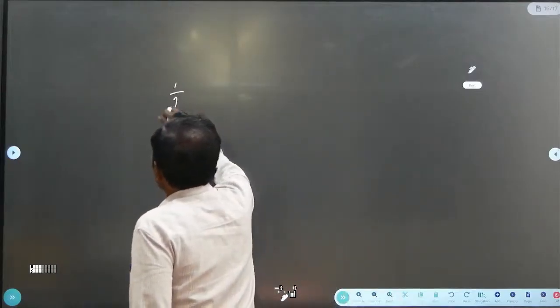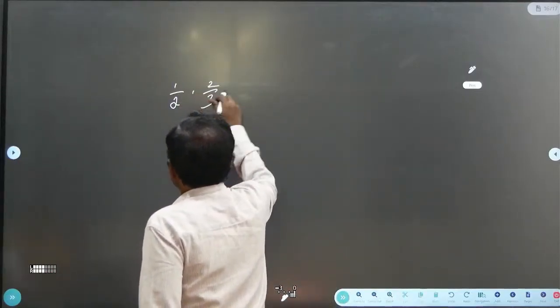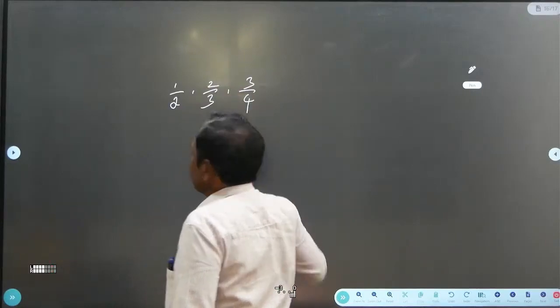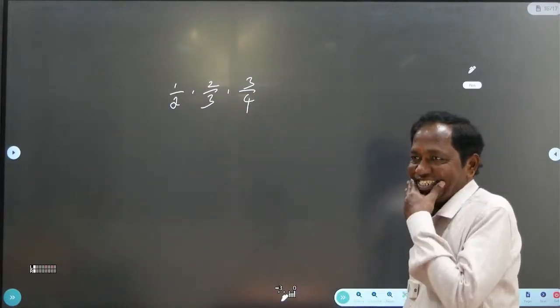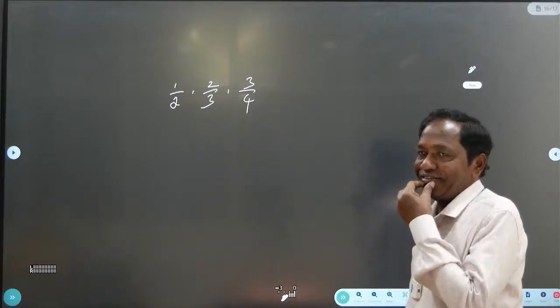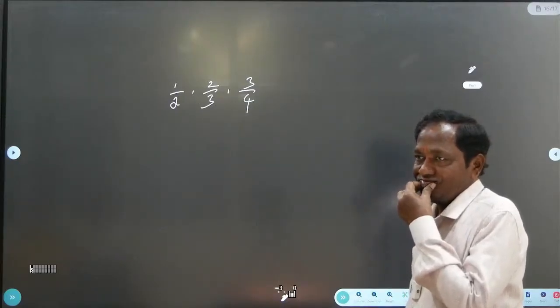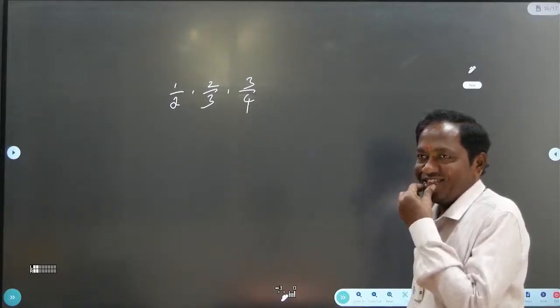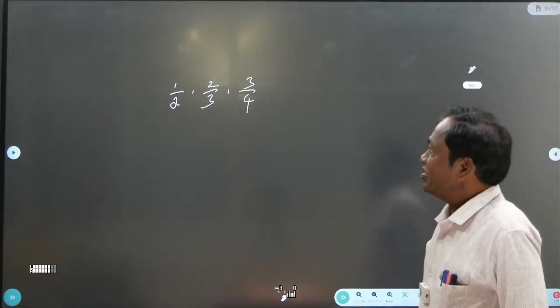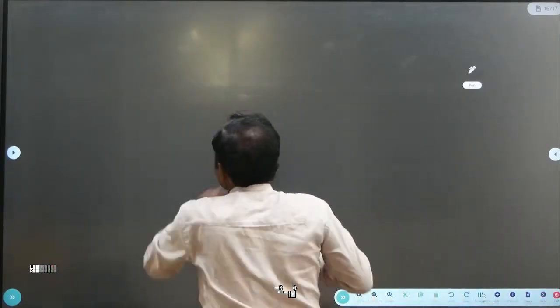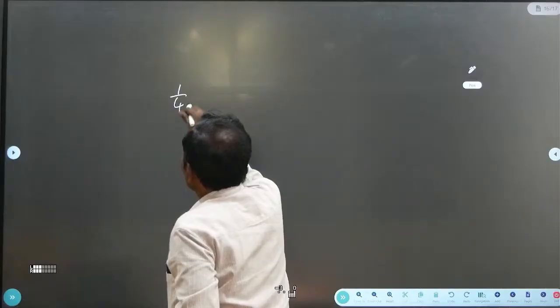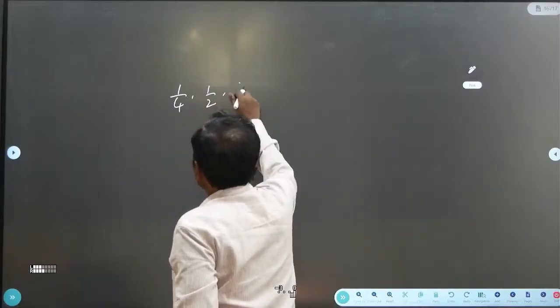1 by 2, 2 by 3, 3 by 4, which is the largest number? Okay, I'll write it much simpler also. 1 by 4, 1 by 2, 3 by 4.